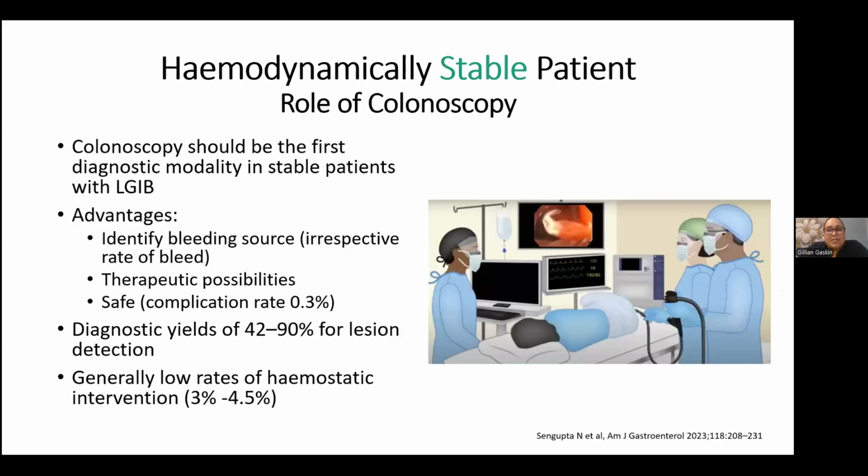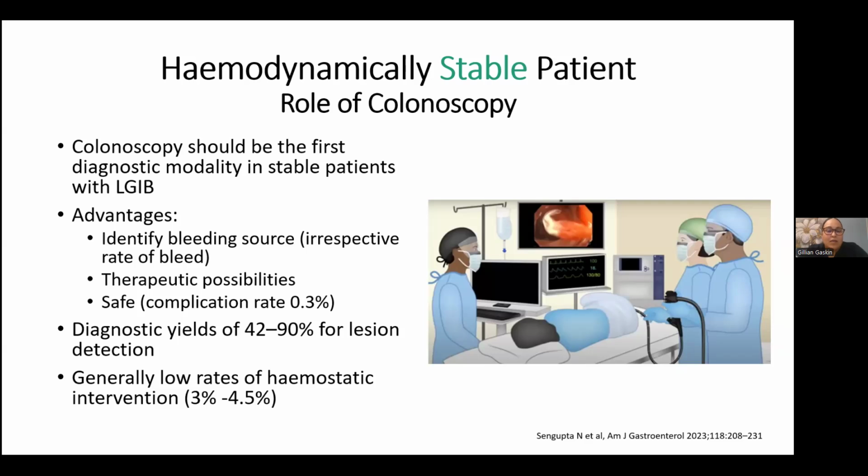So in the hemodynamically stable patient who was either discharged with a minor bleed or admitted with a major bleed, the first diagnostic test should be a colonoscopy, which has advantages of being able to identify the bleeding source, irrespective of the rate of the bleed, and the option of providing directed endoscopic therapy or tissue biopsy. Colonoscopy is an excellent tool, and it provides diagnostic yields of up to 90% for lesion detection, although most instances generally don't require hemostatic interventions.